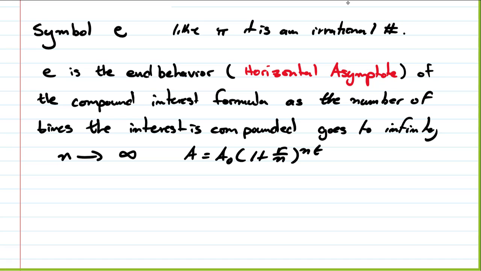So first of all, what does that even mean? So if we're letting the number of times that the interest is compounded go to infinity, instead of something being compounded discretely, it means it's happening all of the time. So this is going to lead to the phenomenon called continuous growth.